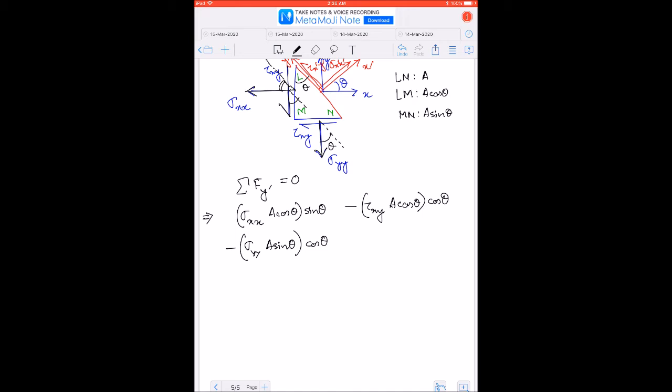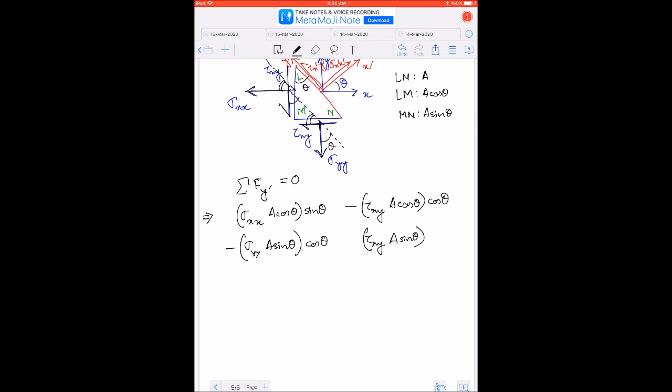Next, we considered the force associated with this tau xy, which is on Mn. So we write that again, tau xy, area of Mn is A sine theta, and the component of that force along the y dash direction, we have to consider this angle, which is actually 90 degrees minus theta.